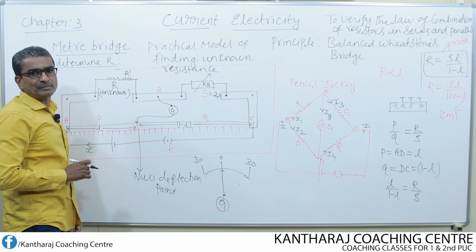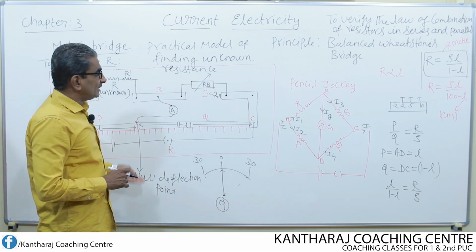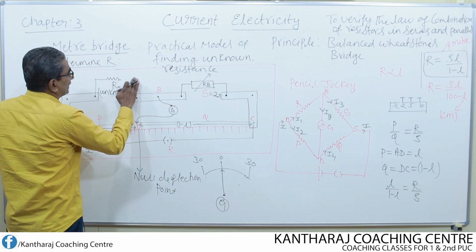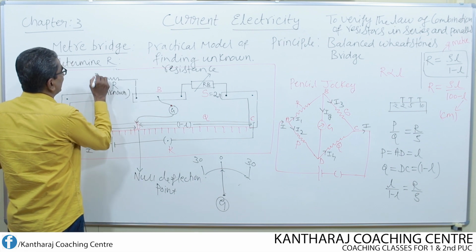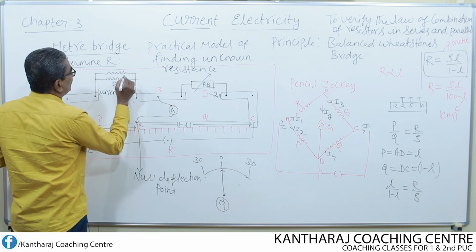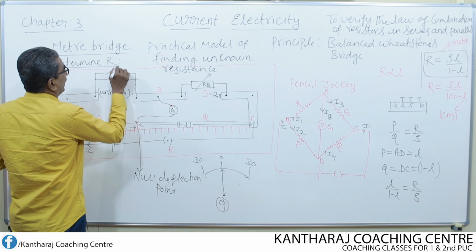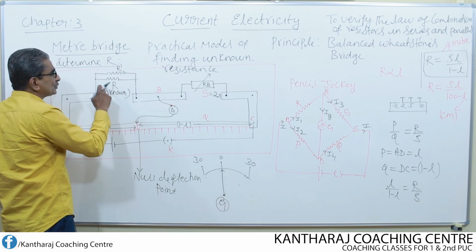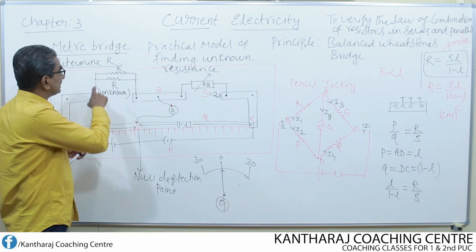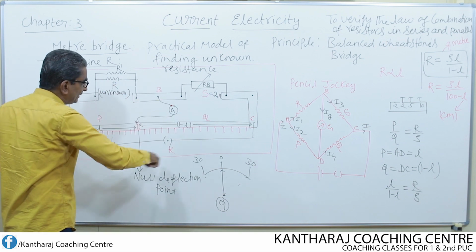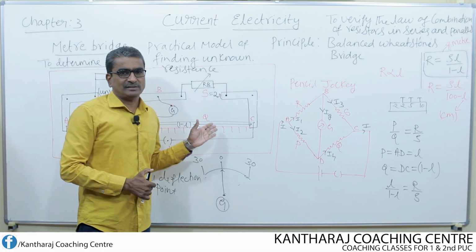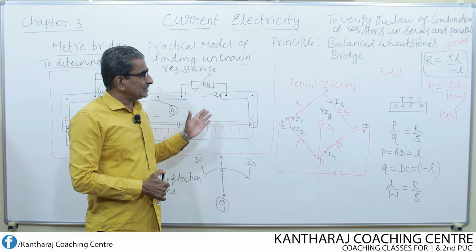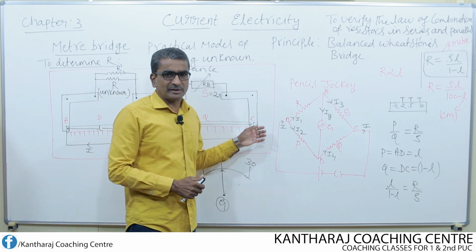That can also be determined by making use of the meter bridge. Not only that, instead of connecting R dash in series, I can connect R dash in parallel. Then what is the effective resistance of these two resistances connected in parallel? That can also be determined with the same device, the meter bridge. So these are the two applications of the meter bridge.